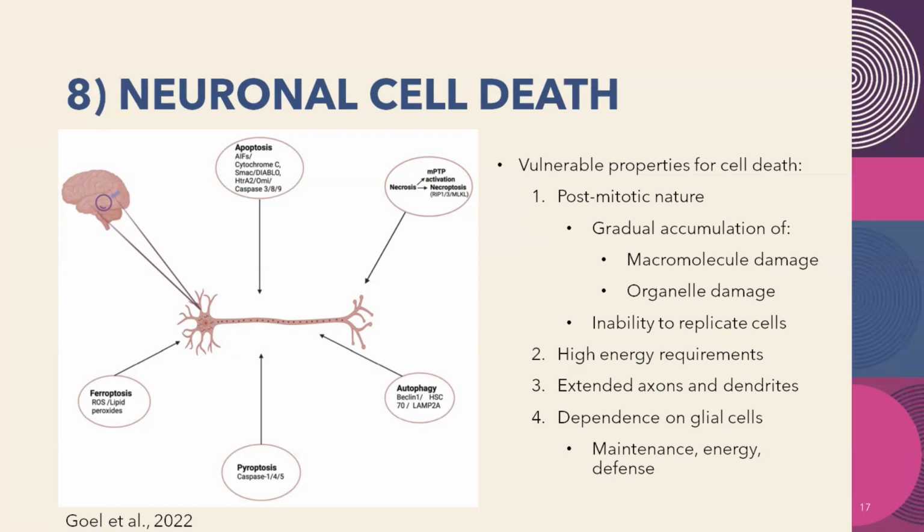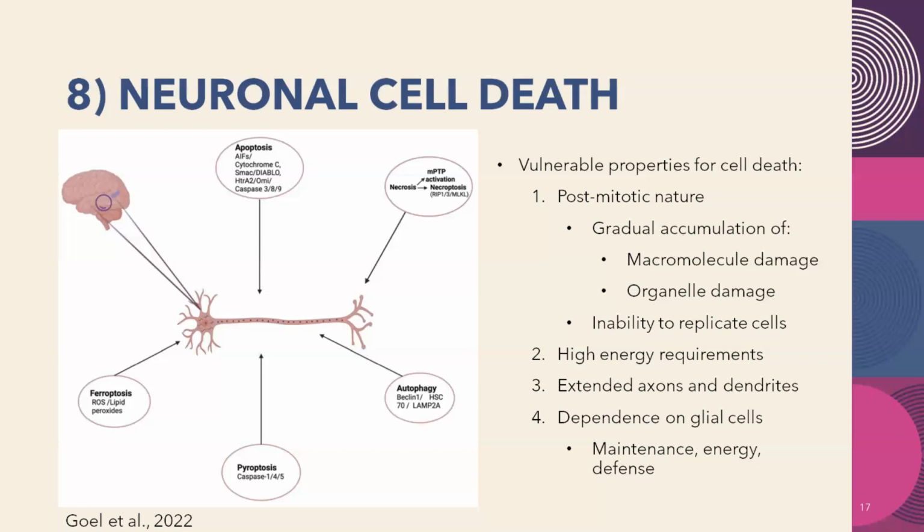So with your gradual accumulation of macromolecular damage and your organelle damage, and the fact that you can't replicate, these cells don't self-divide, it's pretty vulnerable to that. High energy requirements, so any disruption to its energy source, ATP, anything like that. If you don't have that, then it's just not going to work right. And like I said, extended axons and dendrites, and the cell's dependence on glial cells, and these glial cells kind of maintain the environment and energy so that these cells can function.